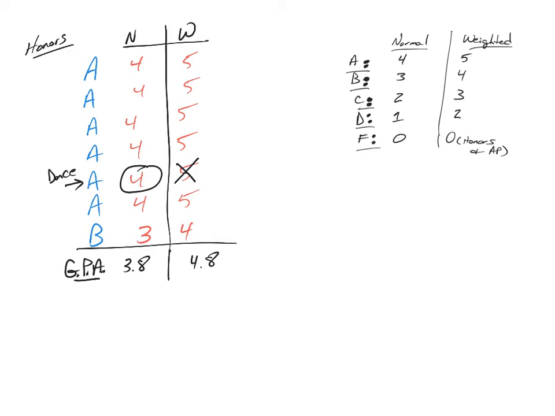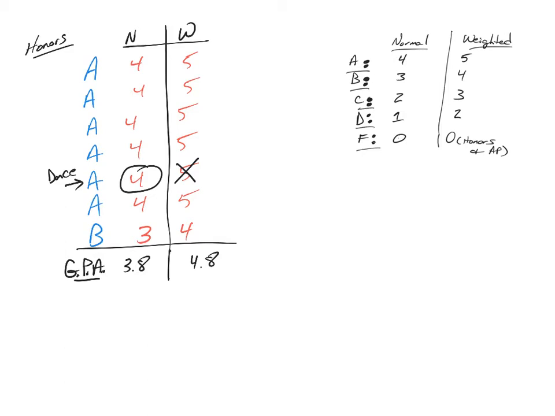The class has to say honors or AP to get the weighted value. If it doesn't say honors in the title of the class, then you have to go with normal. If it says honors, like honors biology, honors algebra, then you can go ahead and take the weighted value.